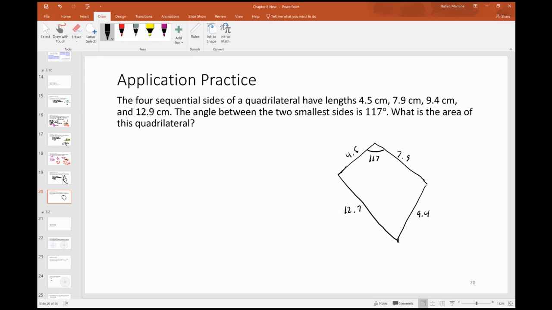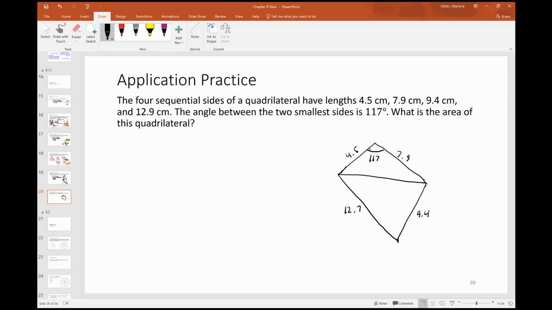All right, so we have this really weird shaped quadrilateral, and we don't really have any tools available to us for finding things out about quadrilaterals. We don't even have a formula for the area of a weird shaped quadrilateral like this. So we're going to need to divide this up into different shapes. Since we've been working with triangles, let's divide this up into some triangles. I'm going to draw a line here and make this quadrilateral be two triangles.